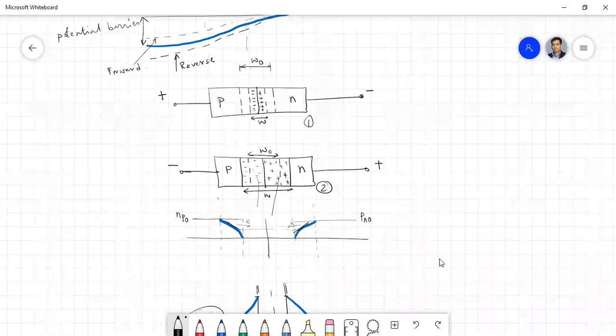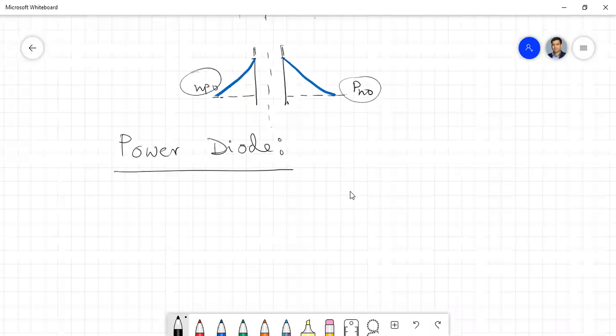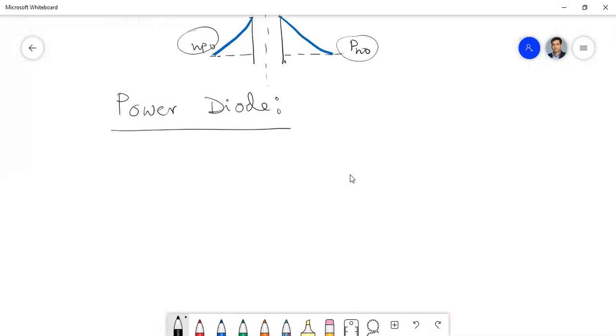Now let us go for the power diode. Now, instead of two layers, in a power diode you know that there are three layers.